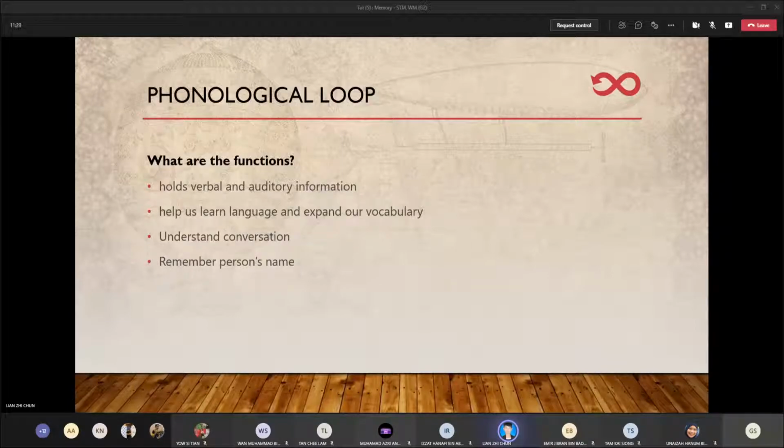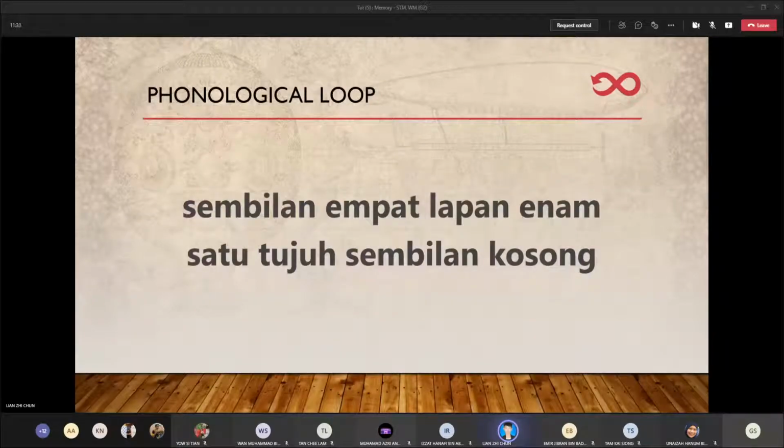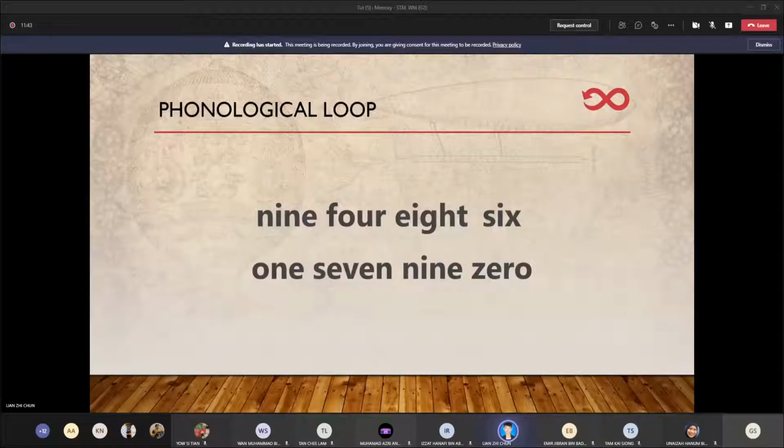So now I will give a situation. I want you all to try to memorize the numbers, but not in this form. I want you to remember them in bahasa. About 5 minutes, and you try to refresh it. Then the second task, I want you to remember this number in English.